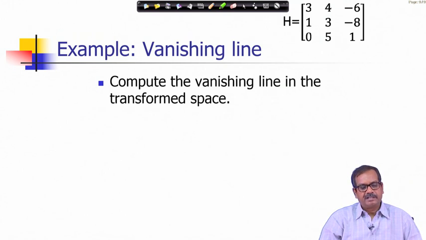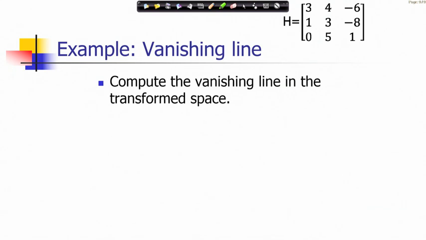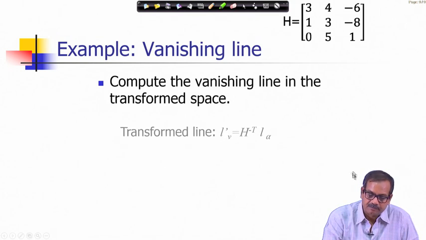We will continue this example by computing the vanishing line in the transformed space. As we discussed, the vanishing line can be computed by transforming the line at infinity of the original projective space, which is incidentally (0, 0, 1).